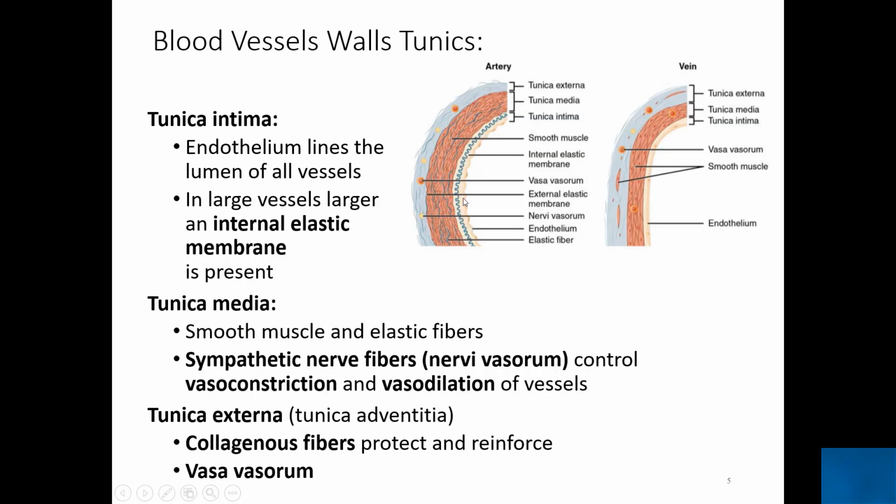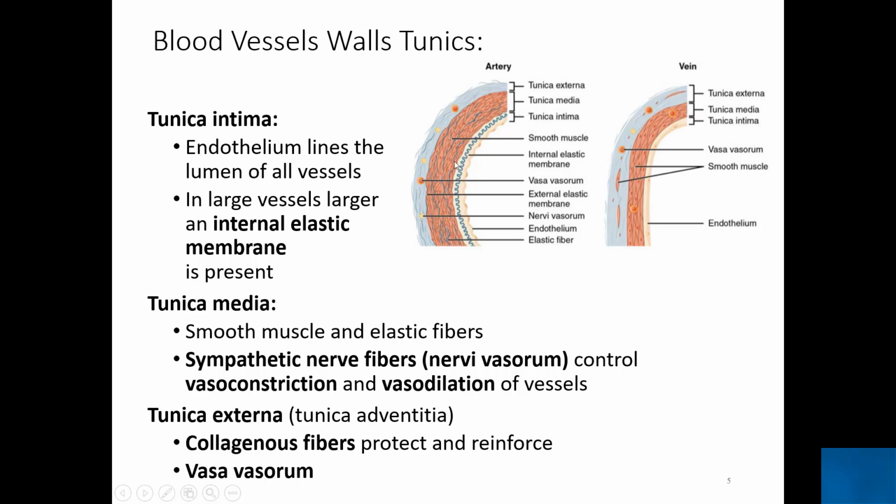Tunica intima, the inner layer of arteries and veins. Here it is. And it's endothelial tissue, and in large vessels there will be an internal elastic membrane made of a lot of elastic fibers. Tunica media right here would be made of smooth muscles and elastic fibers.